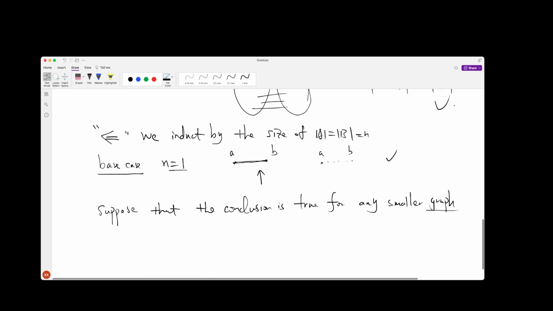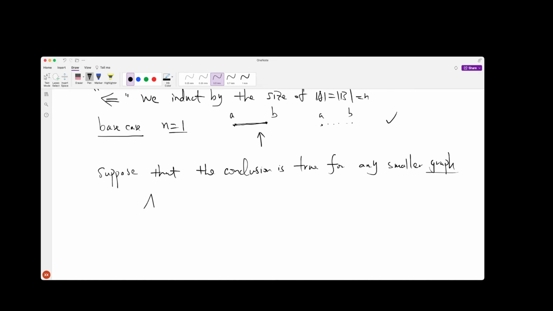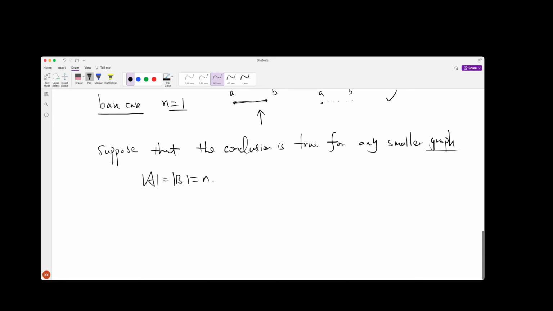Okay, so suppose we have A equals B equals n, and this is sort of the minimum counterexample. For any bipartite graph with size smaller or equal than n minus 1, the conclusion is correct. And then we have two cases.